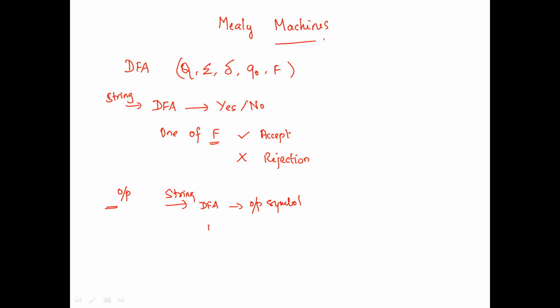One such machine is the Mealey machine. There are two machines in DFA with output: the Mealey machine and the Moore machine. These take an input string and give an output symbol, a single output symbol or a group of symbols.